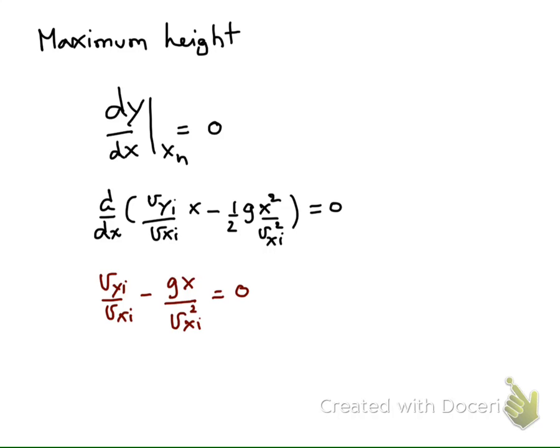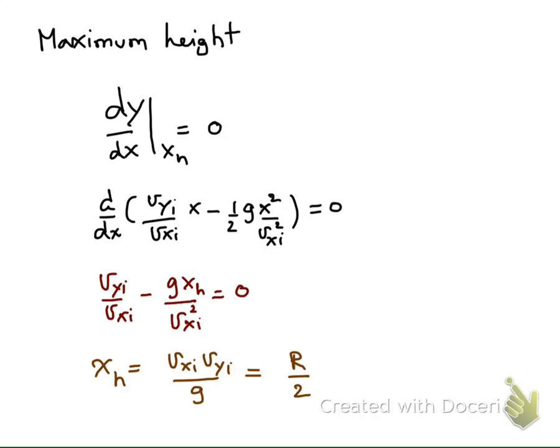So we can solve for xh to get that xh is equal to vxi times vyi over g. And you can see that this xh is equal to half of R, right?